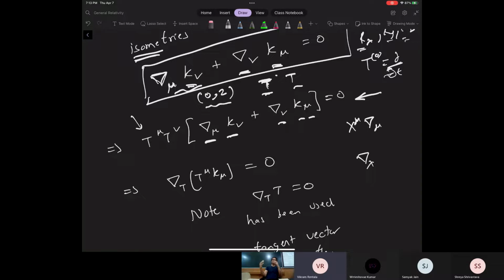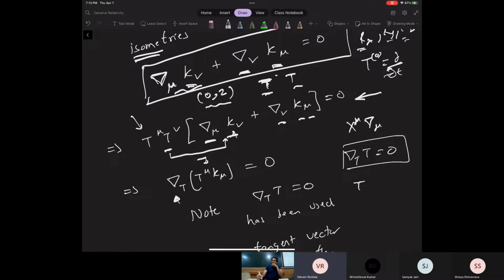That's the property of the affine connection. So this is the derivative with respect to T of K_ν with the T outside. But then I can pull this other T inside and write it as T^ν K_ν. Why can I do that? Because I know that for the tangent vectors, ∇_T T is 0 for an affinely parameterized trajectory. This is the definition of the geodesic equation. So I can pull the T inside.